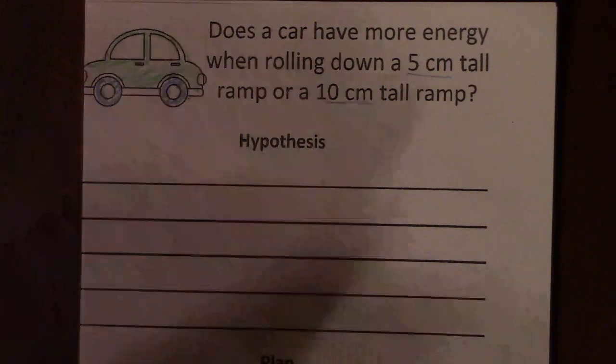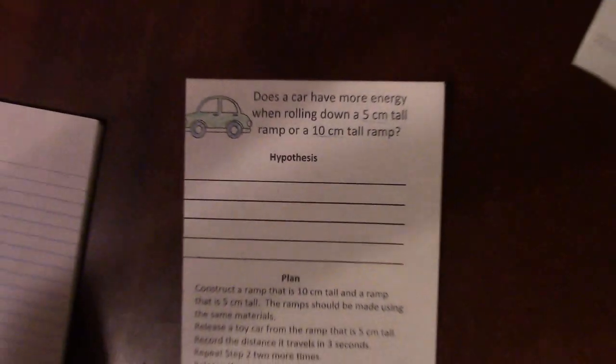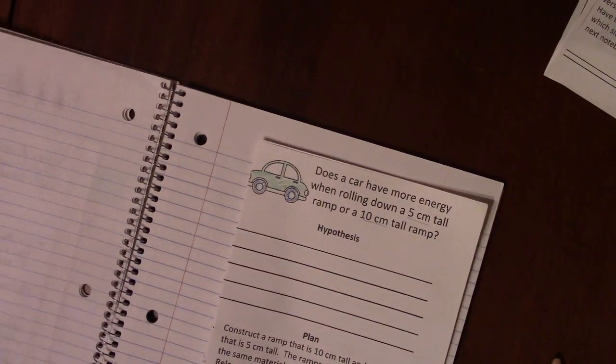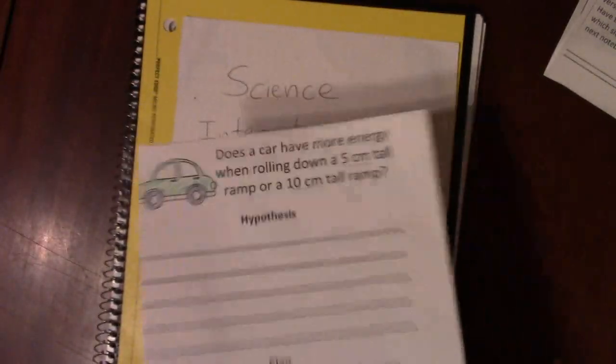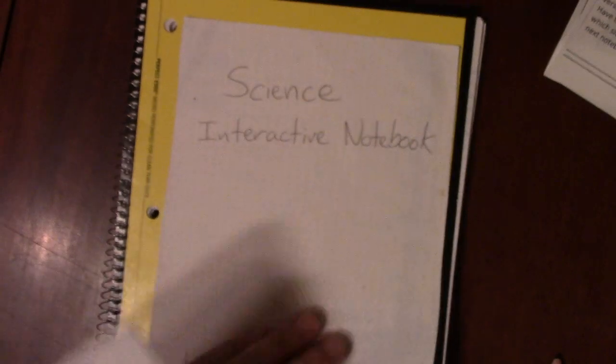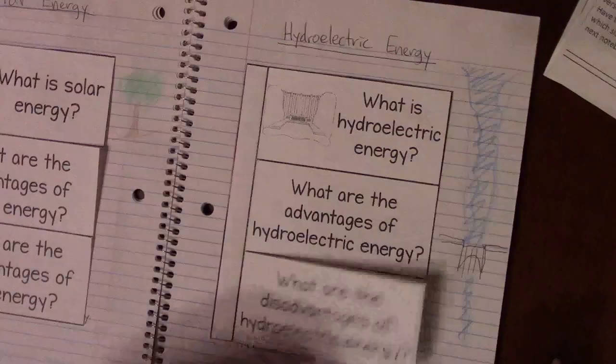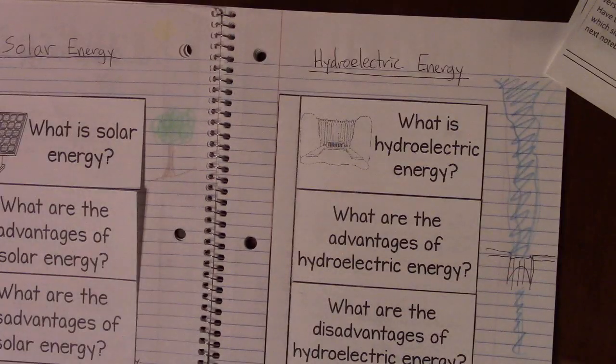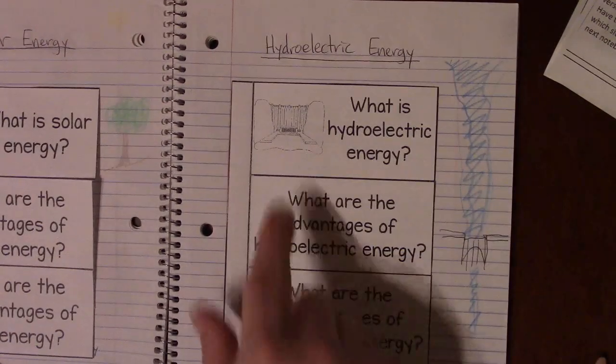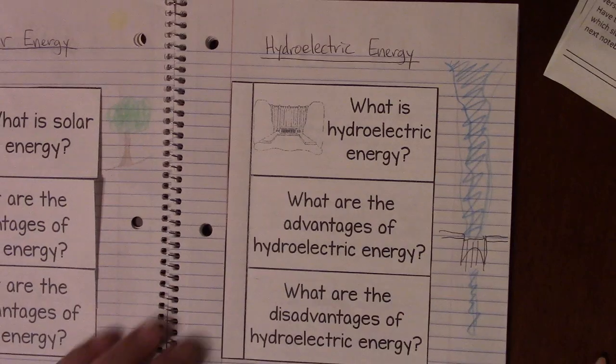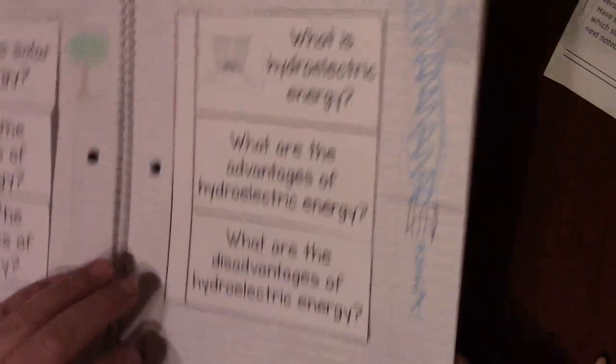Okay, so now that I've had a chance to let that glue together, I'm ready to glue this into my Sciences Elementary, or sorry, my Science Interactive notebook. I got confused. So what I'll do is I'm going to open up to the next blank page. So if you've been working along with us, you'll see the last page we did was hydroelectric energy. That was on page, what's that down here?